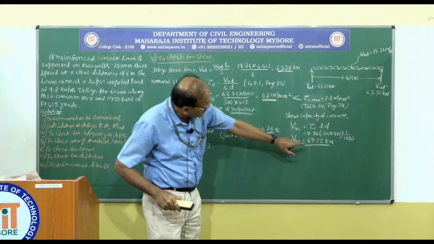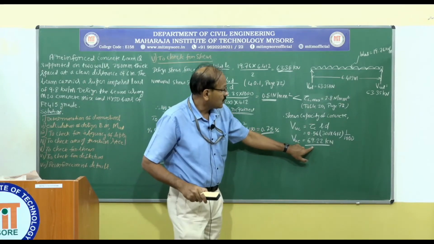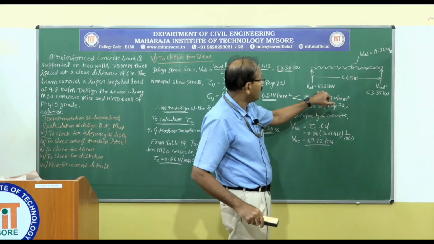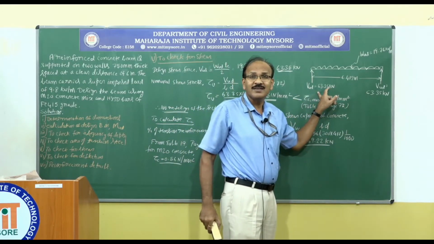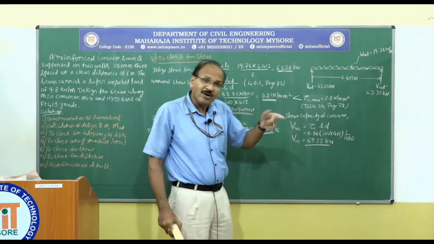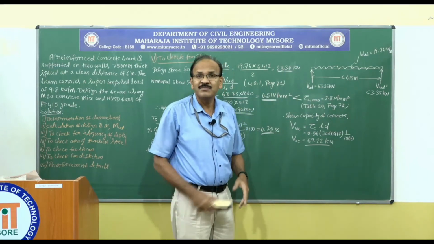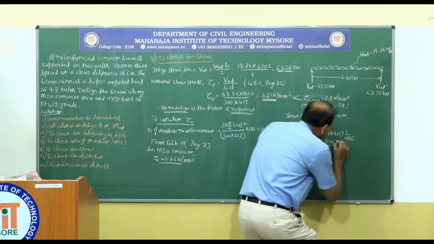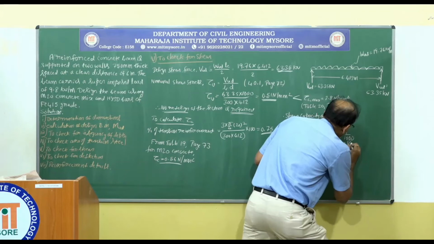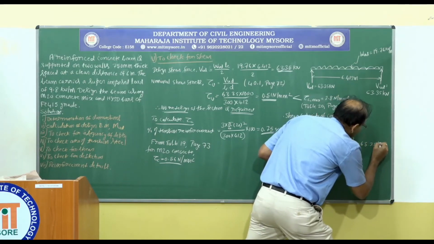What is the design shear capacity of concrete? 69.22. So, what is the maximum shear force? 63.35. What it means? It means concrete itself is good enough to take care of the shear. This is greater than VUD, that is equal to 63.35 kilonewton.